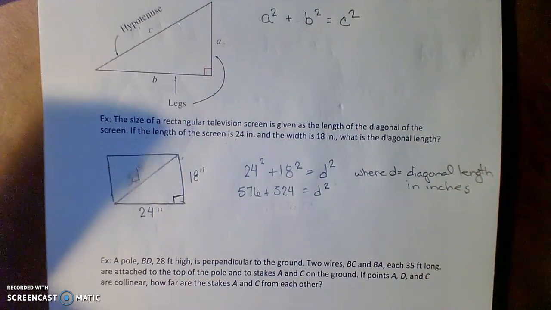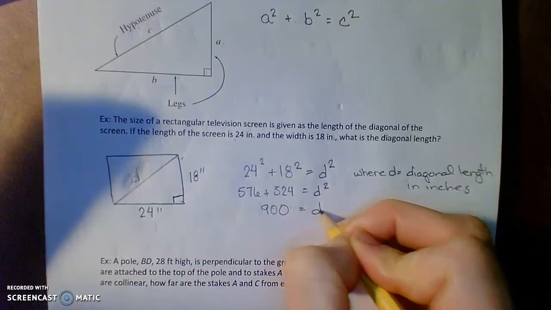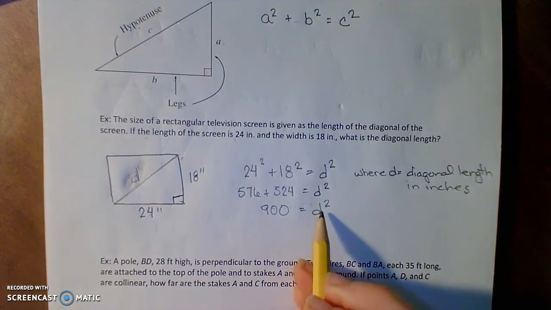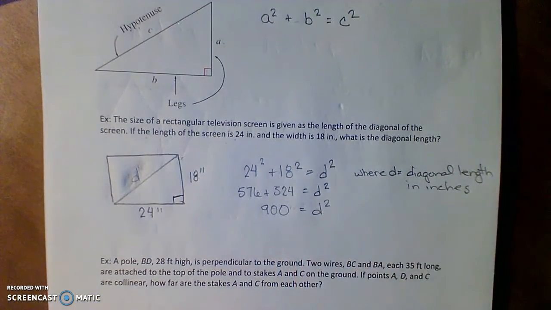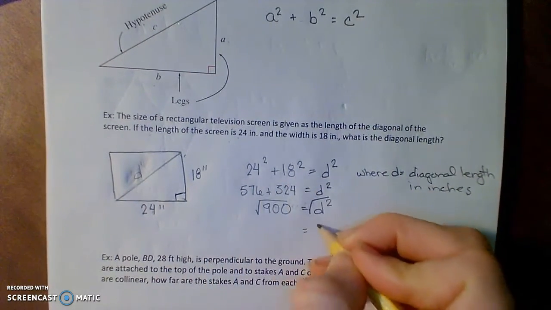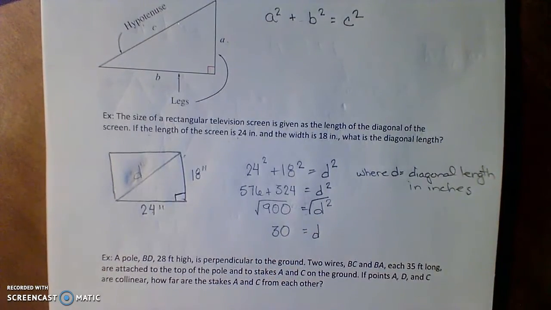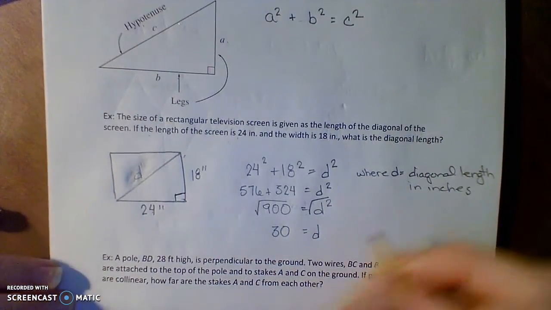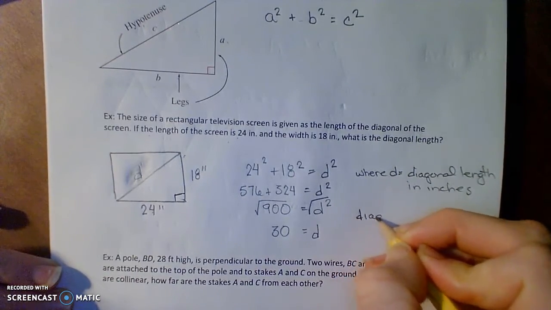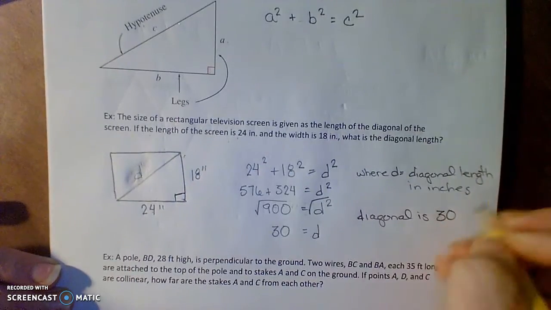So if I add those two together, you get 900 equals D squared. Now, to find what D is, you'll have to take the square root of both sides and then only take the positive square root. So D should be equal to the square root of 900, which is 30. So the diagonal is 30 and my units were inches.